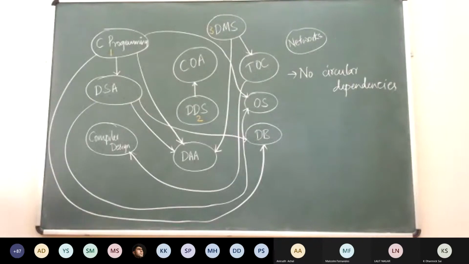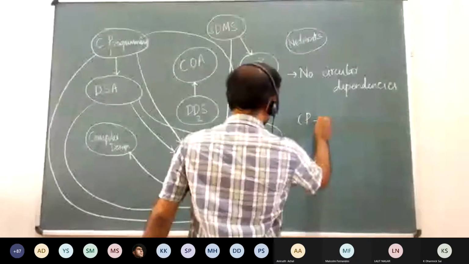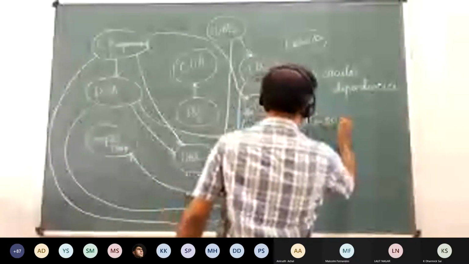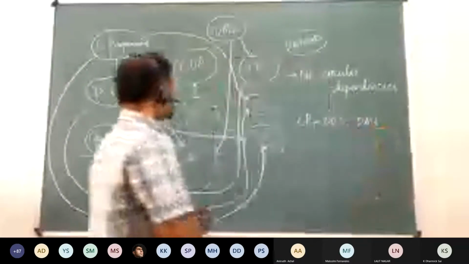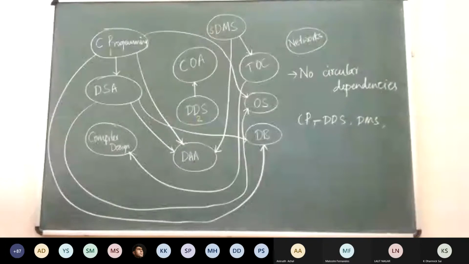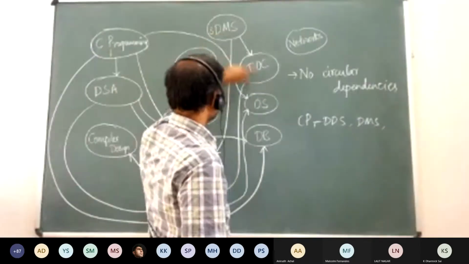So now I have ordered: C programming is here, then next is DDS, next is DMS, right? Can I put TOC next? What is the prerequisite? Only DMS, sir. Yes, only DMS is the prerequisite. So you can always put TOC.